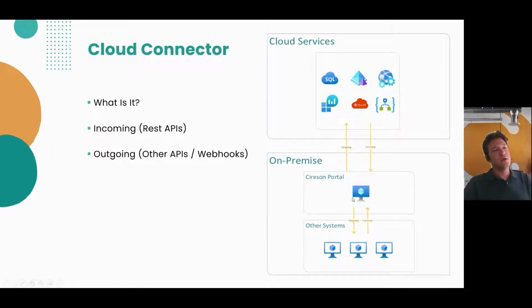So, I know security people are screaming whenever they see something like this. There are a lot of things you can do to tighten your security around these APIs, especially on the outgoing side. We saw webhooks, or I've talked about webhooks a little. You can use a webhook to kick off a Power Automate flow.